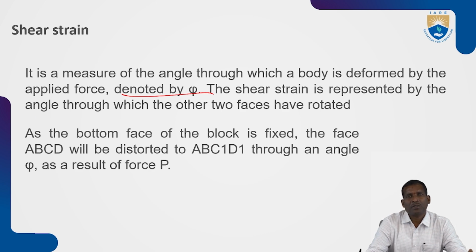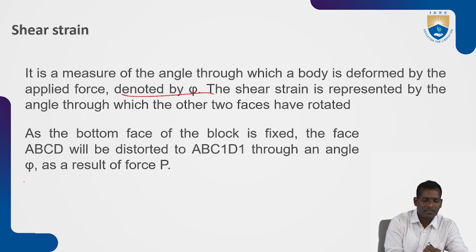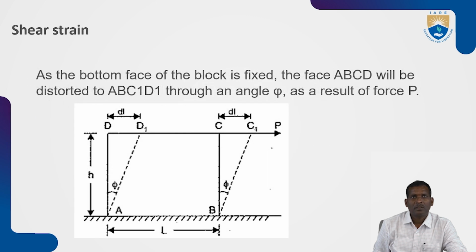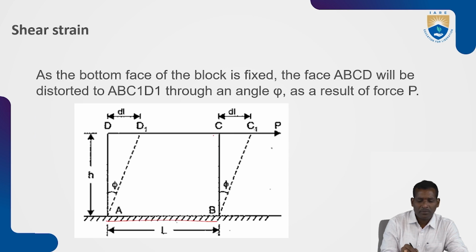As the bottom face of the block is fixed, the face ABCD will be distorted to ABC1 D1 through an angle psi as a result of P. So ABCD and ABC1 D1.